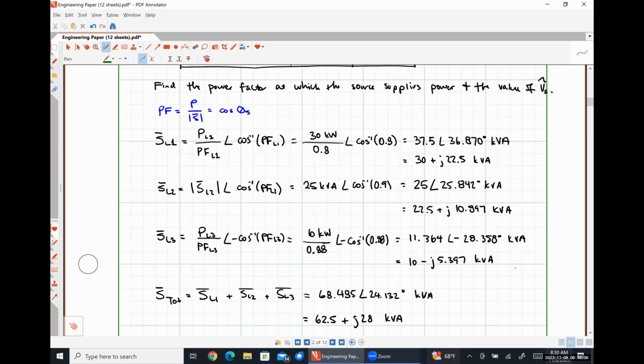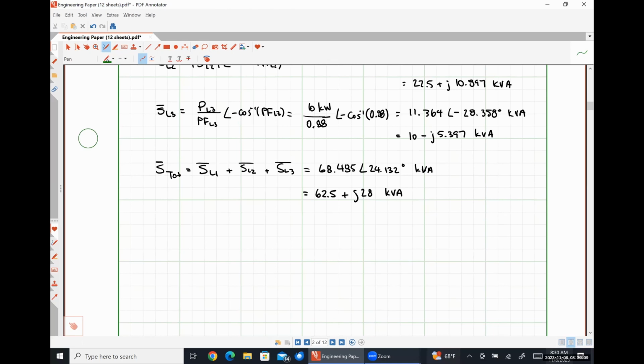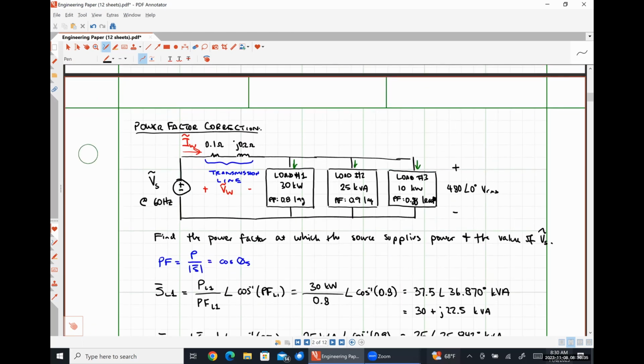So effectively, what I am saying is that S total is that 480 angle 0 degrees volts RMS times the complex conjugate of my current I wire. Right? So just to be clear here, current I wire is flowing into the positive polarity terminal, so that's where my signs work out that way, all that kind of good stuff.